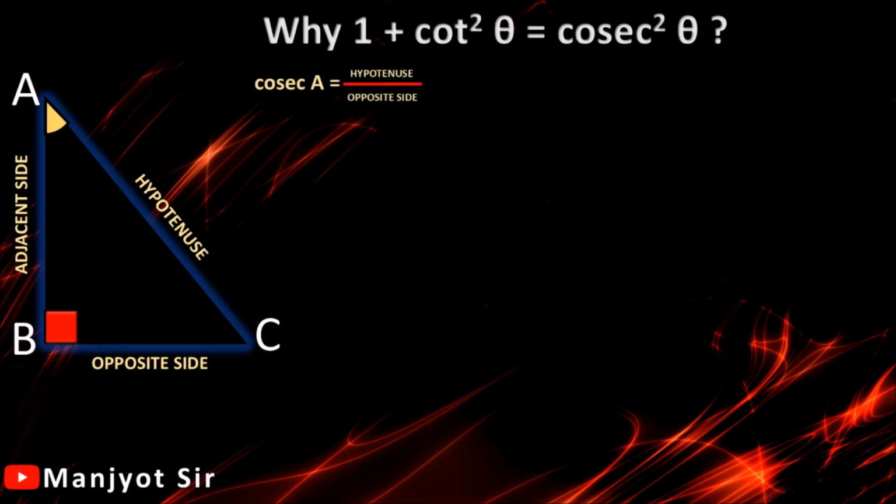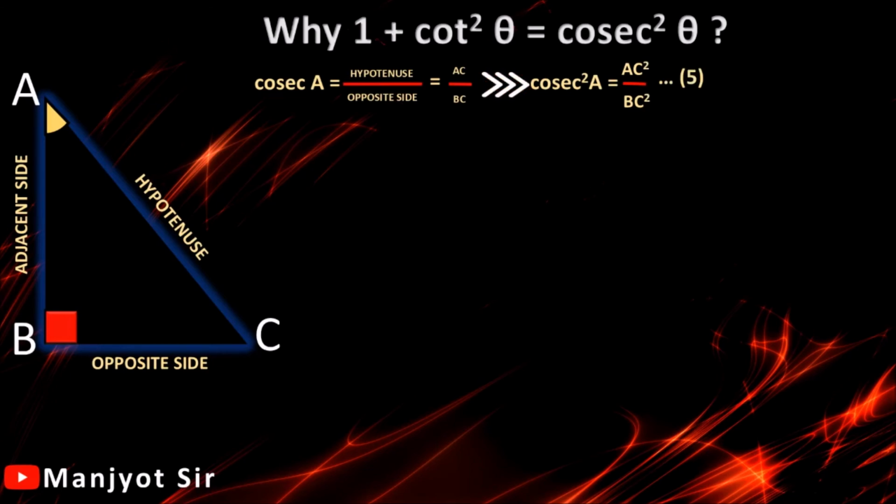We have already studied this formula, cosec is always hypotenuse upon opposite. If you observe here, the hypotenuse is AC and the opposite is BC, so we'll write AC upon BC. Since in the identity we need cosec square, we'll square this term. So we'll get cosec square A is equal to AC square upon BC square, and we'll mark this equation number 5.